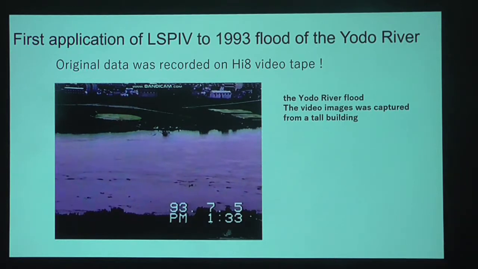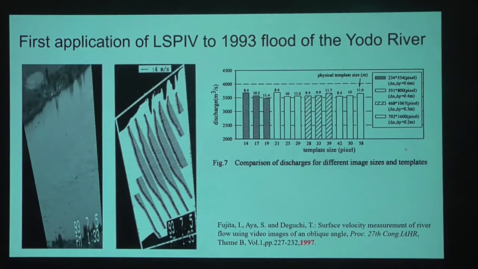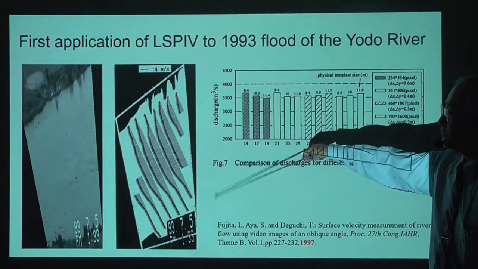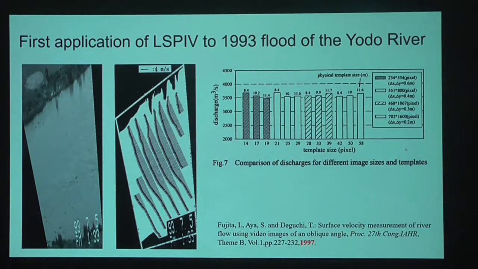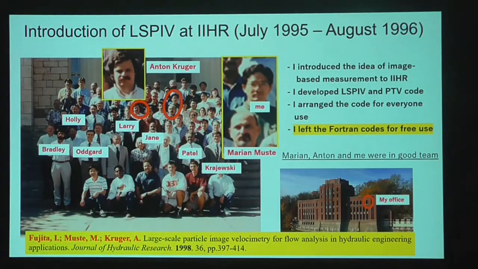I said yes, and I applied large-scale PIV to this one. We got a very beautiful streamwise velocity distribution from those images, and we obtained a discharge of more than 3,000 cubic meters per second, which could be measured for the first time in the 1990s.